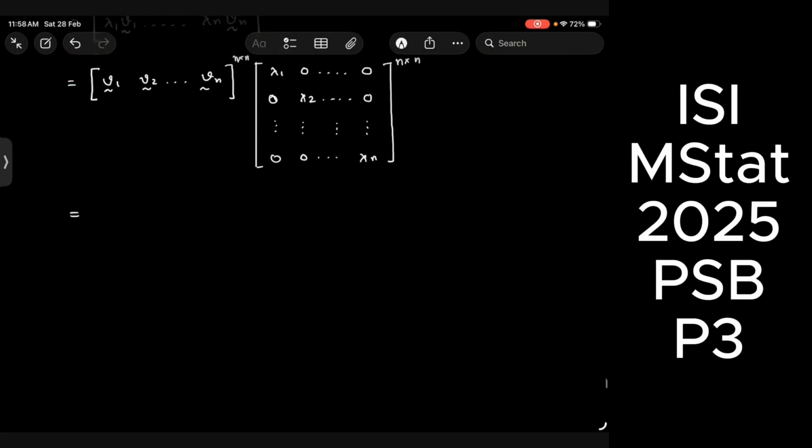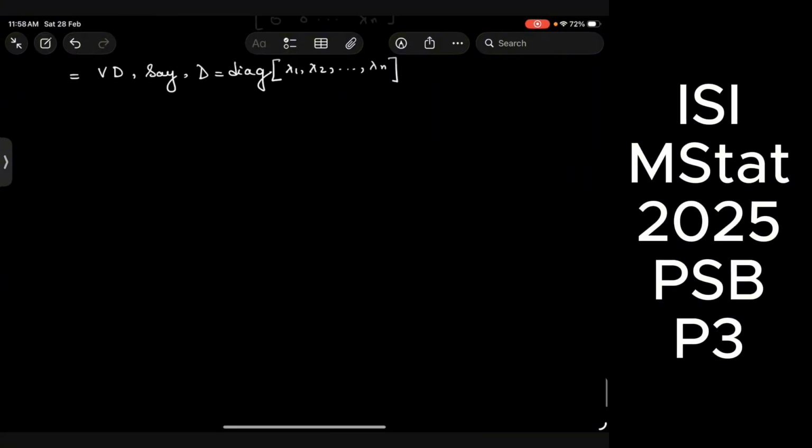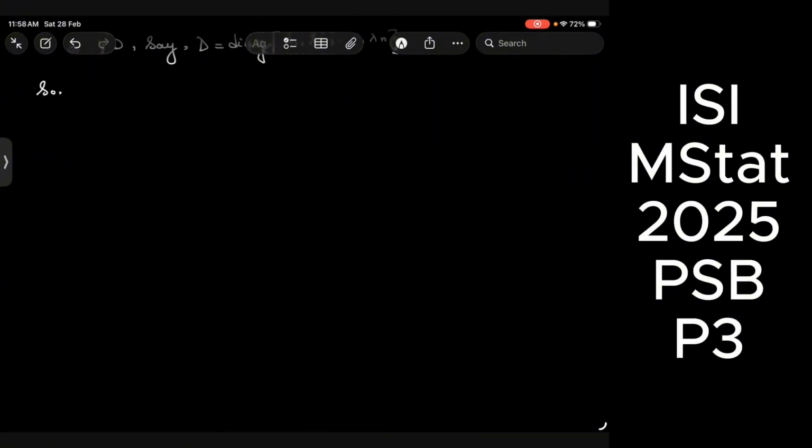So this is V, and let's call this D. Say D is diagonal lambda 1, lambda 2 up to lambda n, correct? So what have we got? We have AV equal to VD, correct?